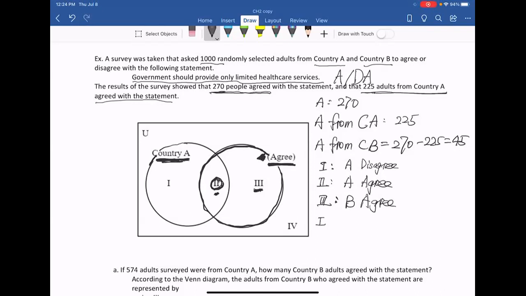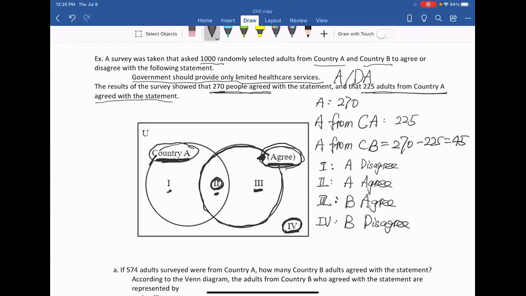How about the last part, region 4? Here means the people who disagree, but are not from country A. So this means B disagree. So right now we can figure out the meaning of the graph. The set country A intersects with the agree set.